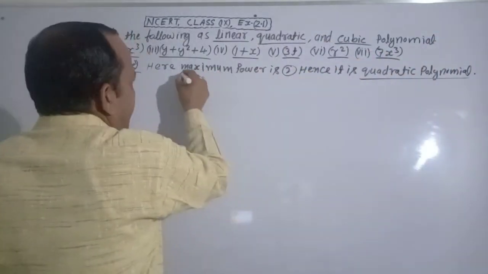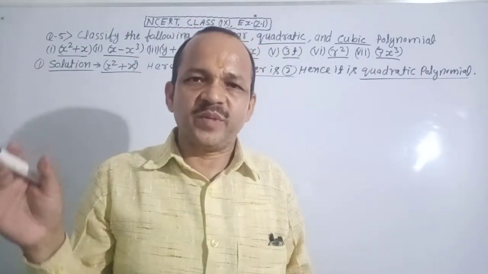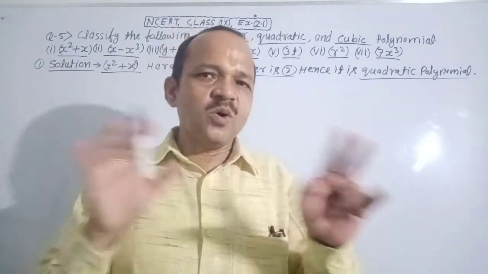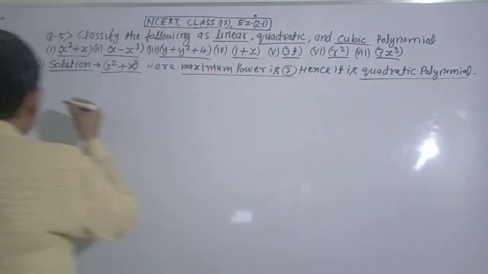Quadratic polynomial. Maximum power is 2. Hence it is a quadratic polynomial. Is it clear? No confusion about it? Very good. Next solution.